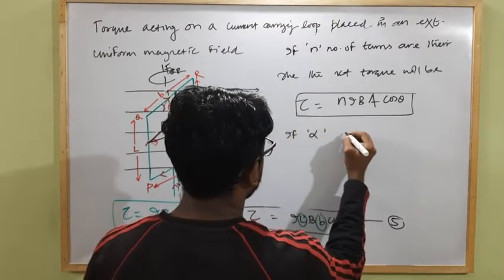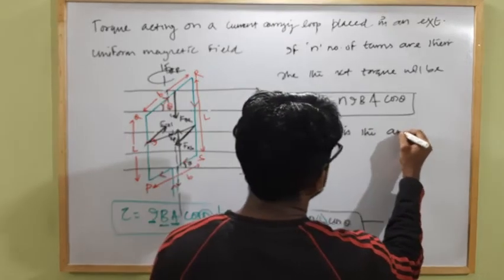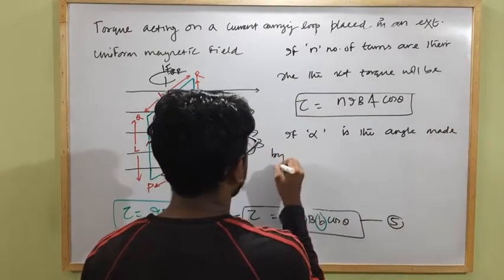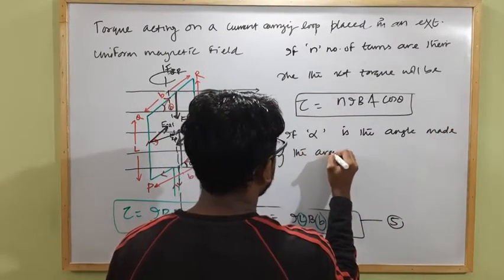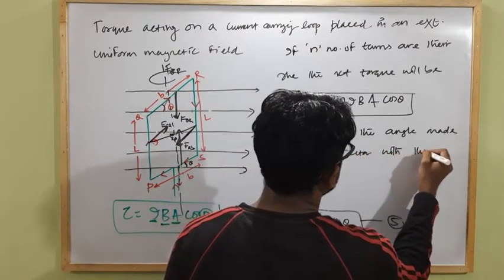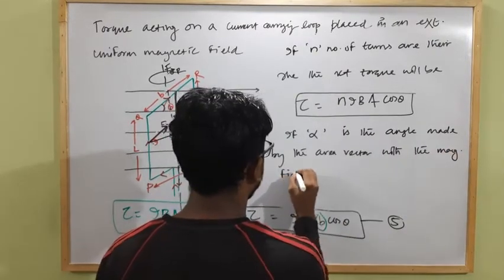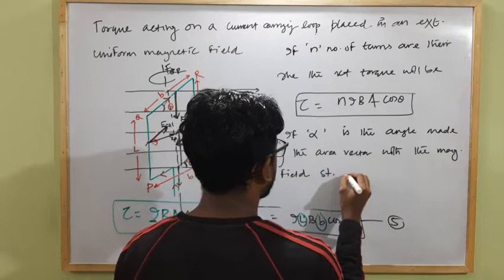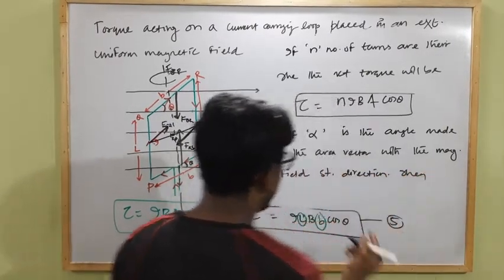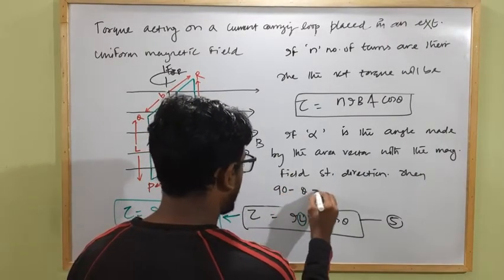alpha is the angle made by the area vector with the magnetic field strength direction, then we can write 90 minus theta will be equal to what?